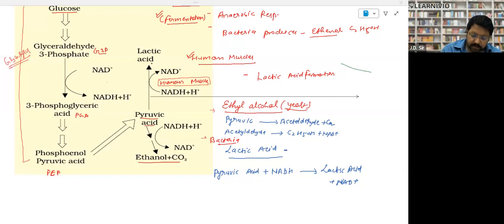Next point. The mechanism of anaerobic respiration or fermentation is similar to common pathway of aerobic respiration up to glycolysis.